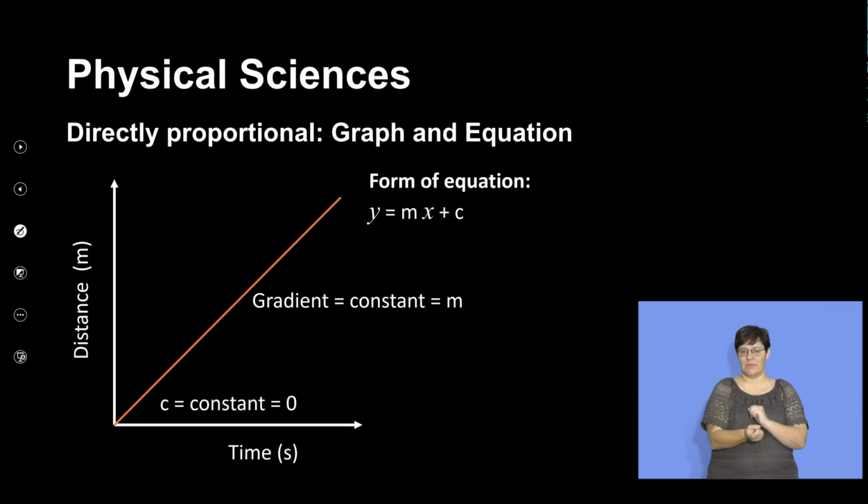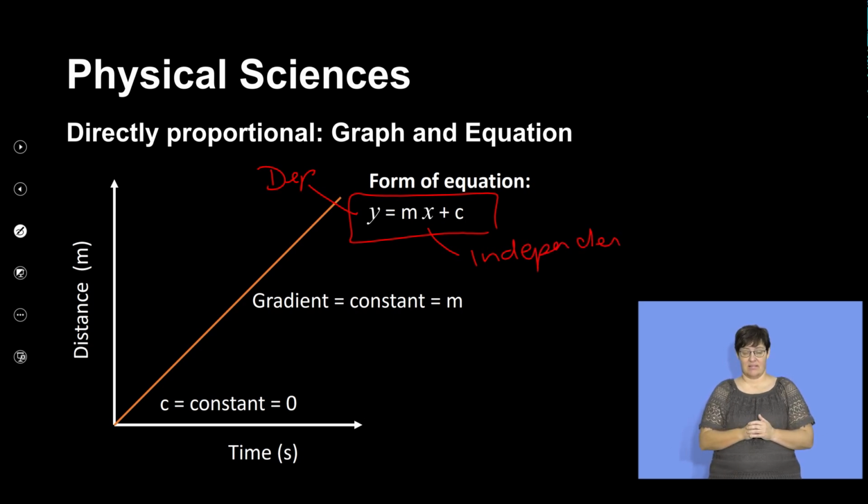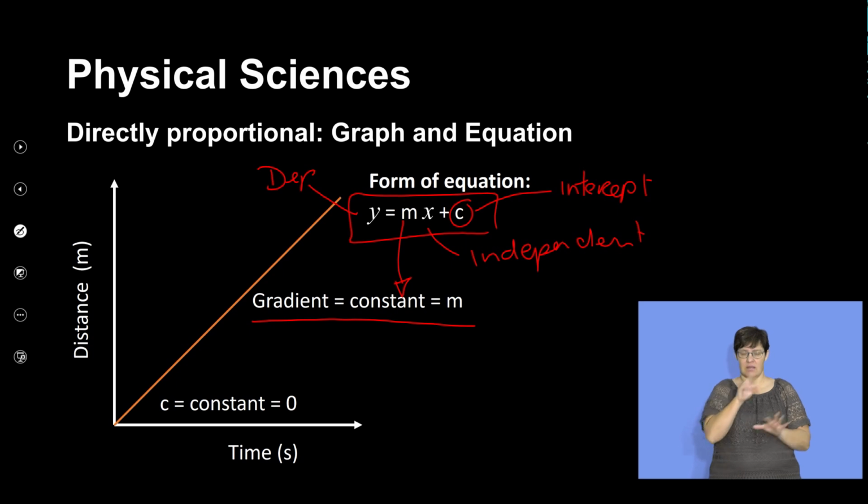All line graphs have this generic form, y equals mx plus c, where the y stands for the dependent variable, where the x stands for the independent, the c stands for the intercept, and the m stands for the gradient. Now we can see here the gradient is constant. We recognize this c is going to be 0.